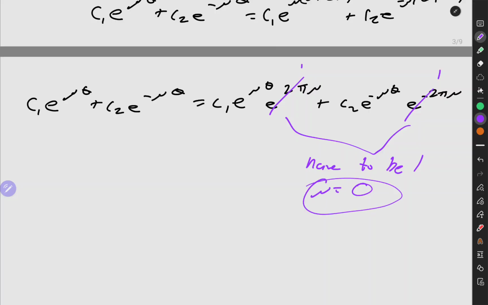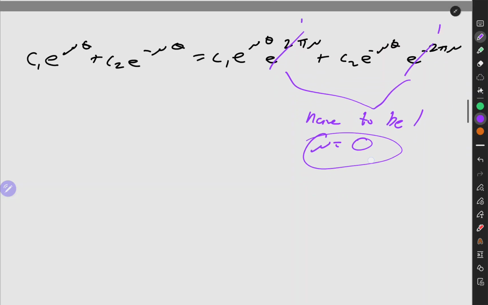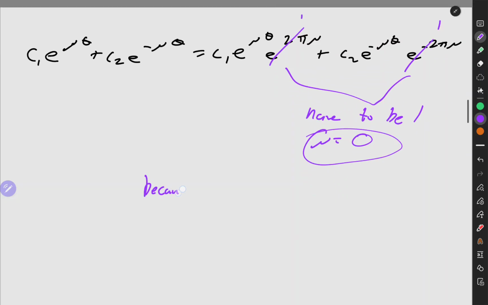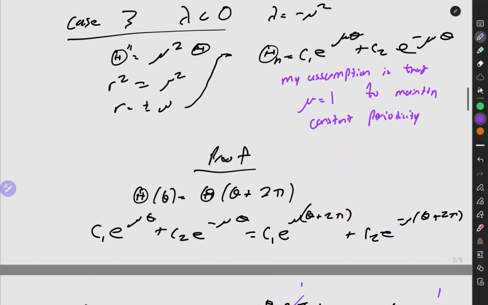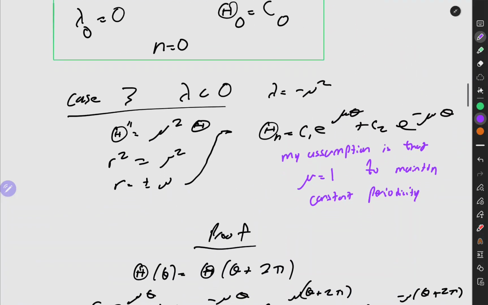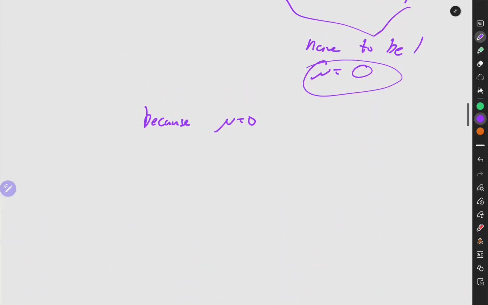Right? So because mu is 0, that is less than 0. Lambda is less than 0.